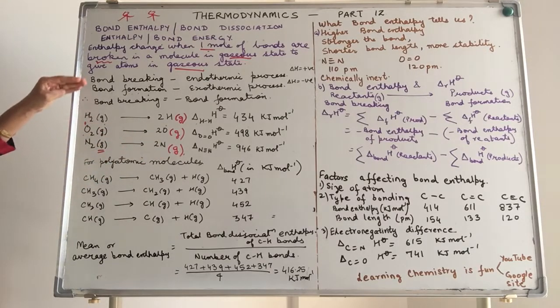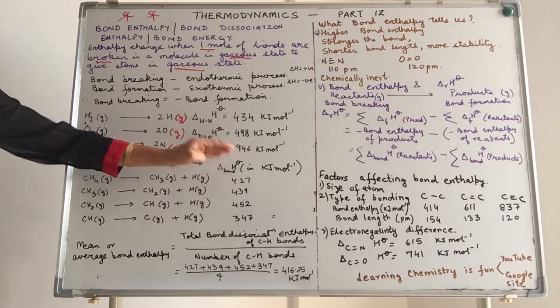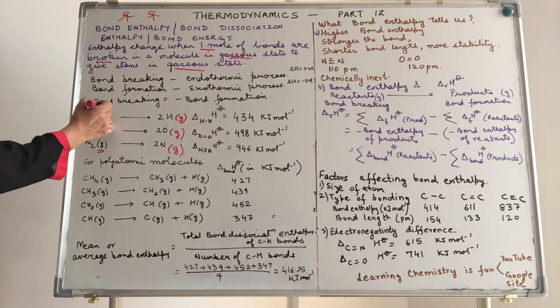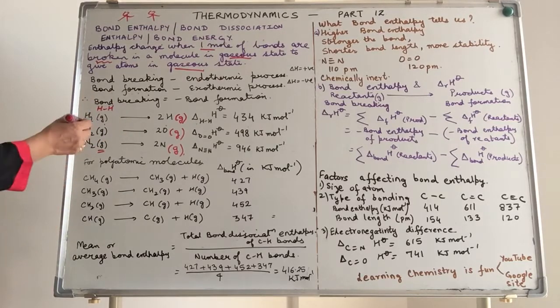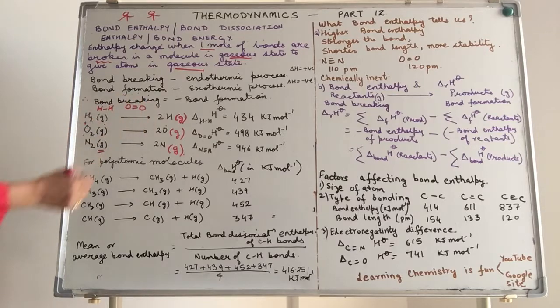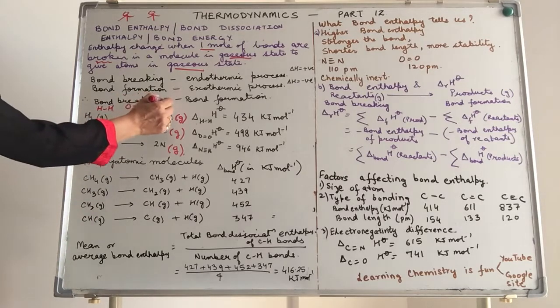So, we have taken the examples of diatomic molecules, that means molecules which are made up of two atoms, and if you notice over here, the enthalpy changes are varying. Now this enthalpy change H2, it involves a single bond between two hydrogen atoms. Oxygen on the other hand involves double bond between the two oxygen atoms.